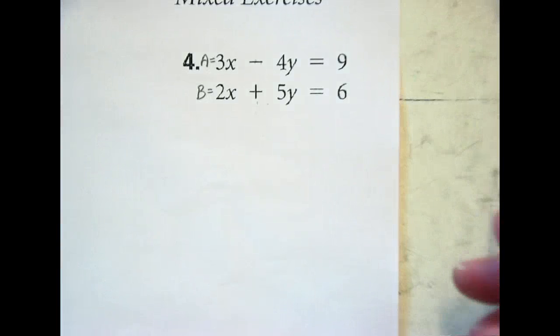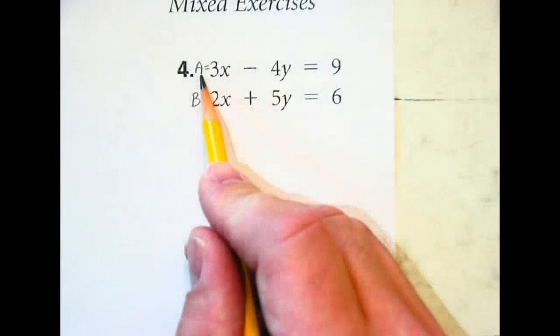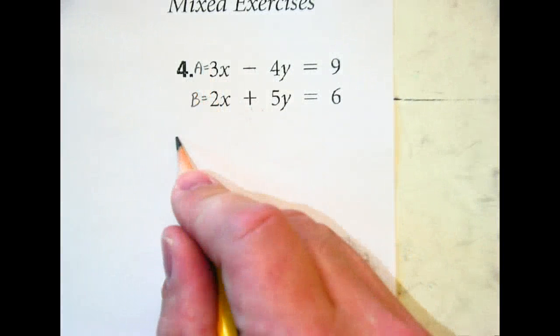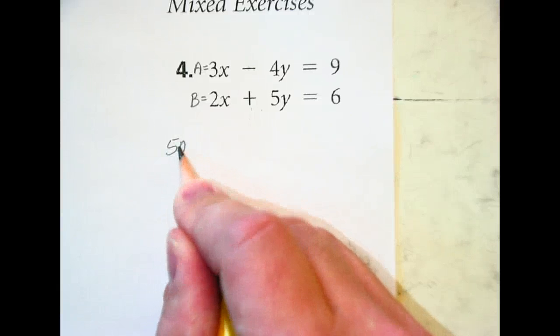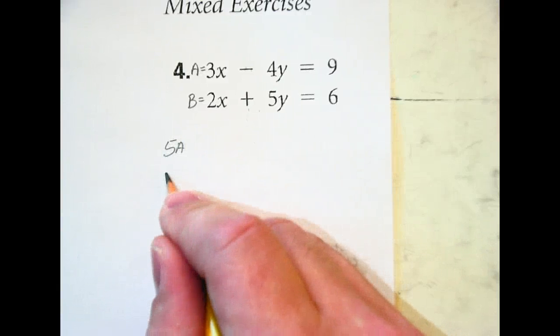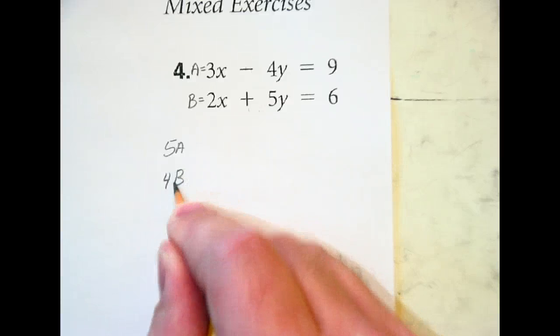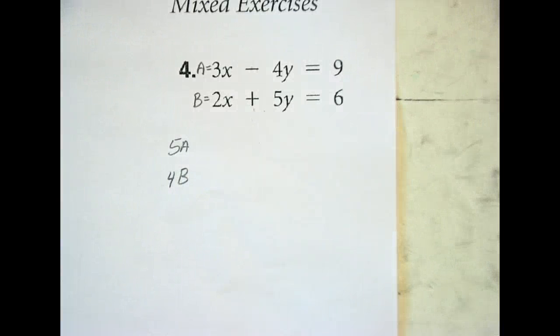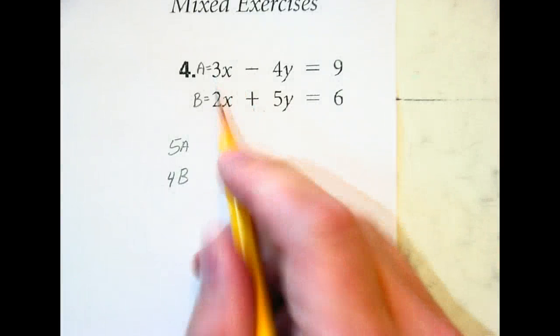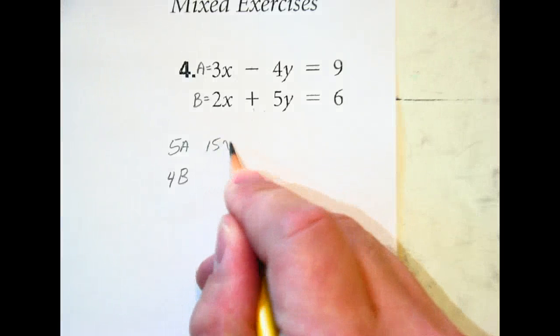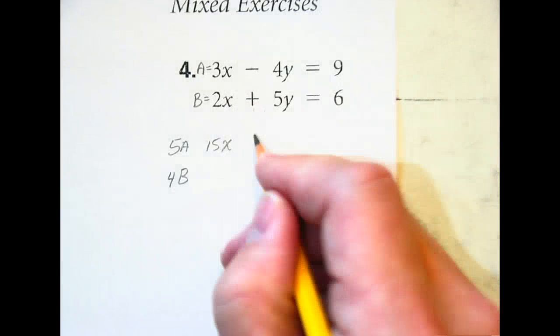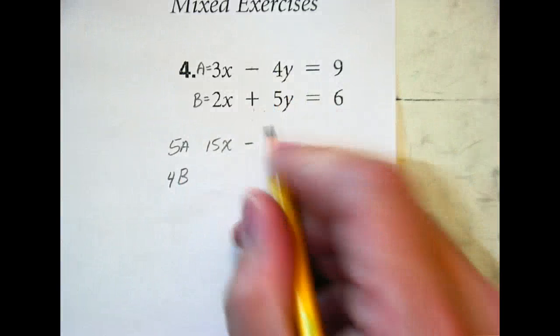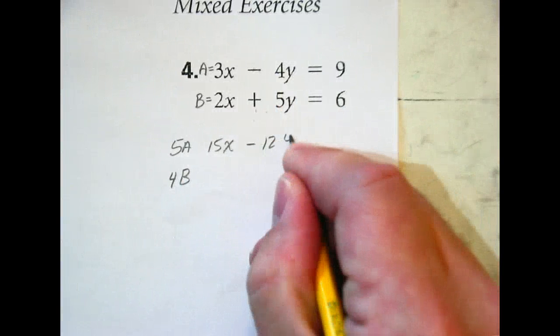I multiplied A by 5 and then B by 4. So you're multiplying 5A and 4B. Everyone agree with that? Yep. Okay, so equation A, I'm multiplying by 5. That gives me 15x. It gives me 5 times 4 is negative 12y.